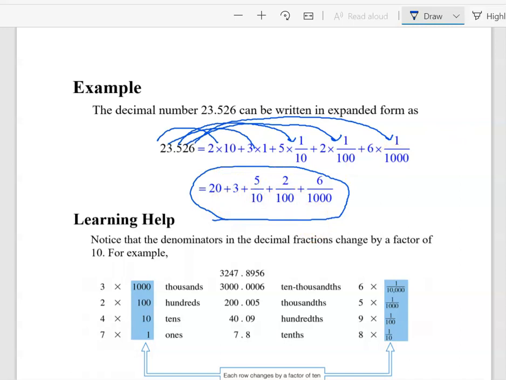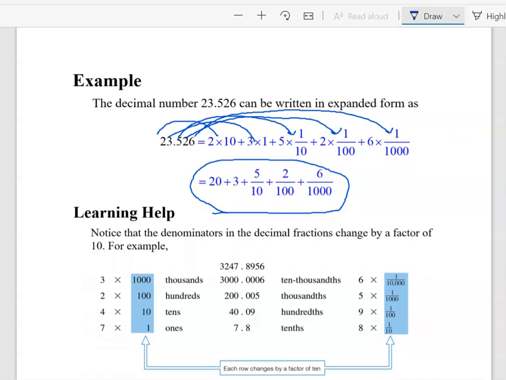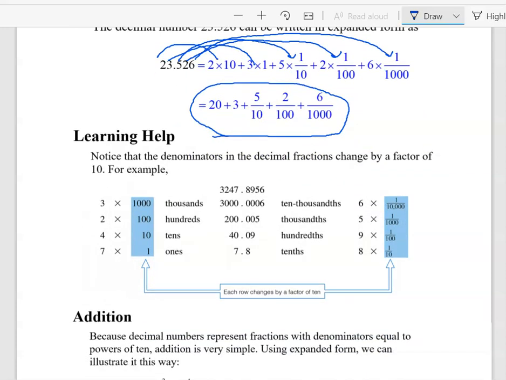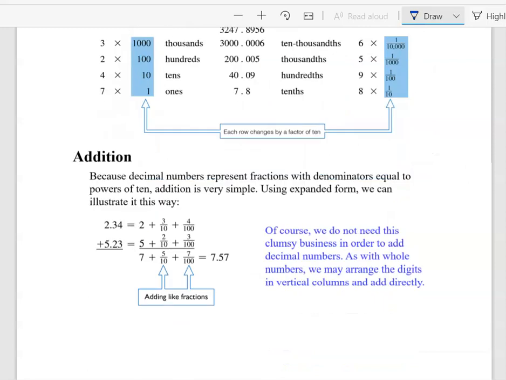They've got a nice little table down here that helps you if you're struggling with this a little bit. So we've got several examples of how they've broken these numbers down. Because decimal numbers represent fractions with denominators equal to powers of 10, addition is very simple.